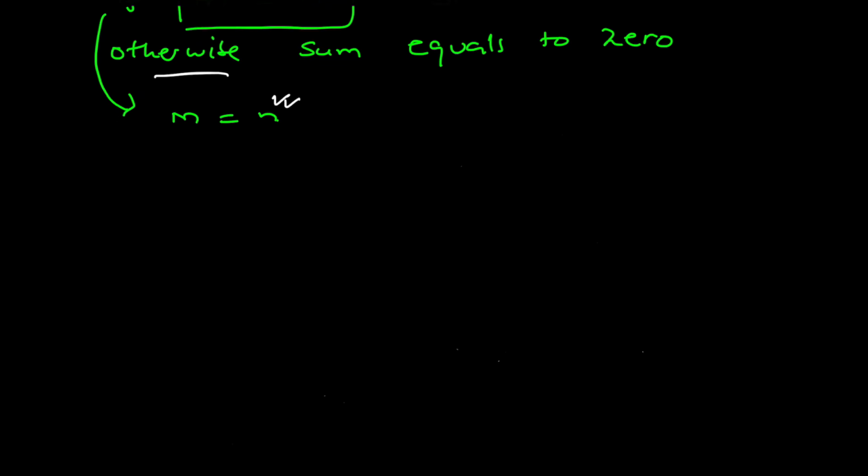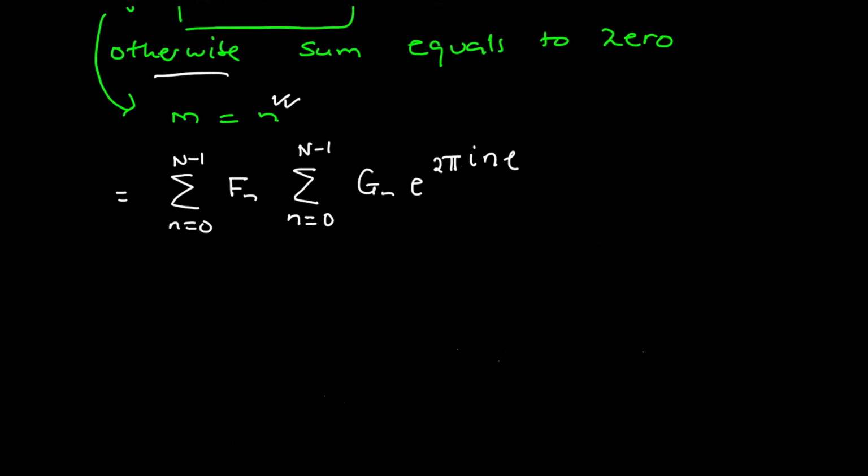So our proof now boils down to the sum from n equals 0 to n minus 1 of capital F_n, multiplied by capital G_n, times e to the power 2 pi i n l divided by n, multiplied everything by n.